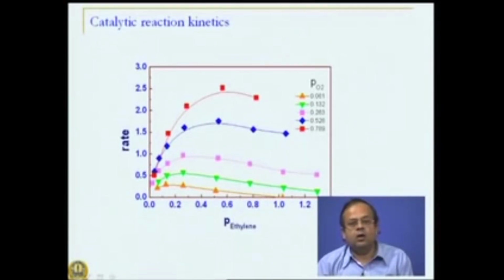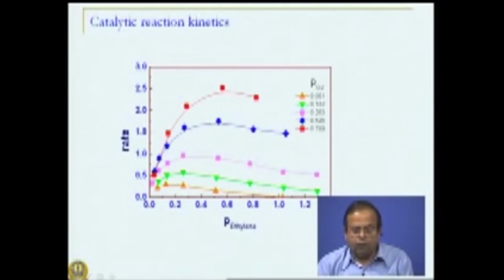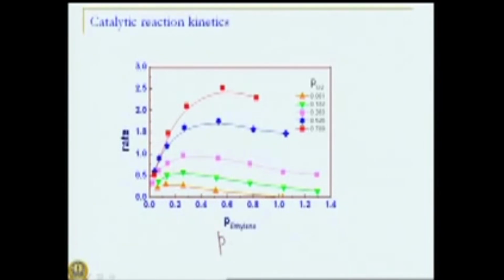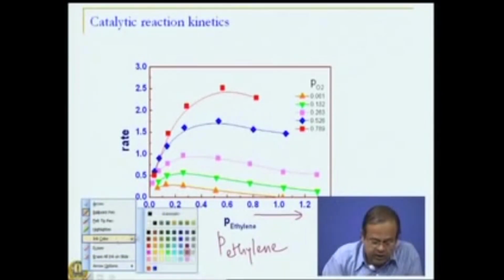Let us take another example, the oxidation of ethylene. What we are seeing here is the experimental data, with the partial pressure of ethylene on the x axis, which is a representation of concentration, and the rate of reaction on the y axis.